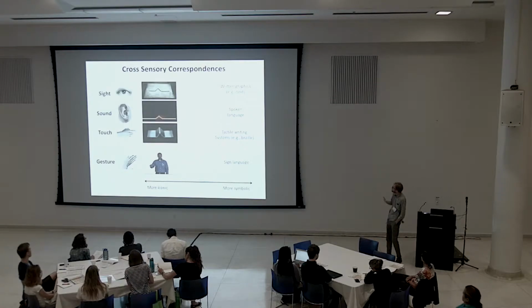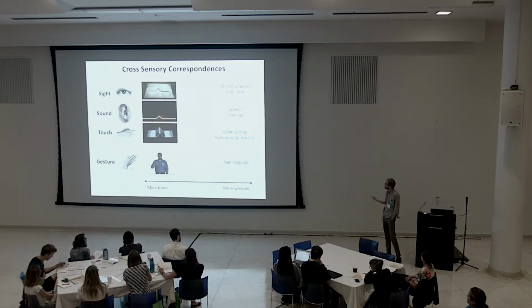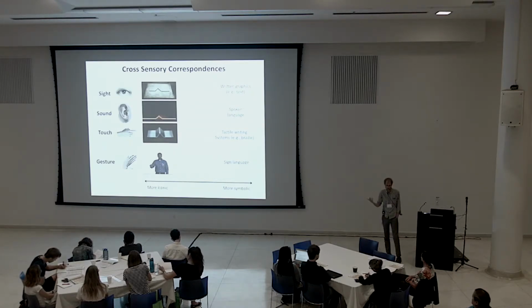And then for each of these representations, for sound, on the more symbolic side of the spectrum would be spoken language. For the tactile world, you could have a shape of a mountain you would feel, but that can also be expressed through Braille, or some other tactile writing system, and then with sign language.